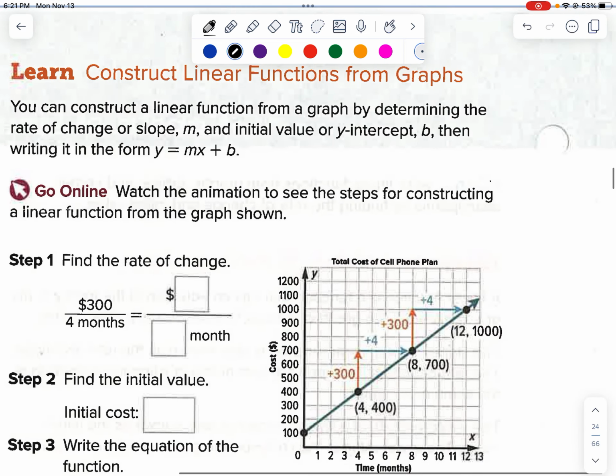So you can construct a linear function from a graph by determining the rate of change, or slope, and the initial value, or y-intercept b, then writing it in the form y equals mx plus b.